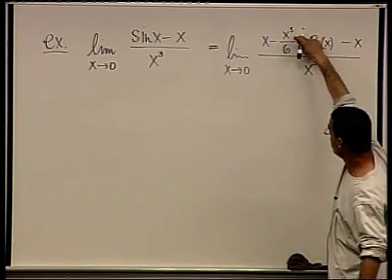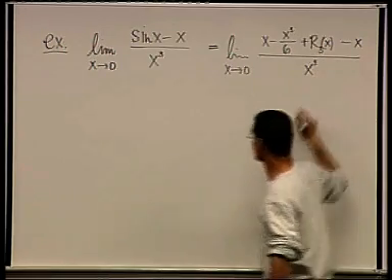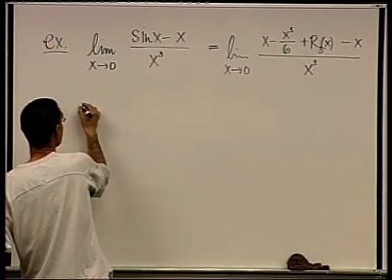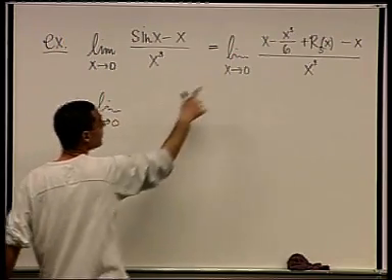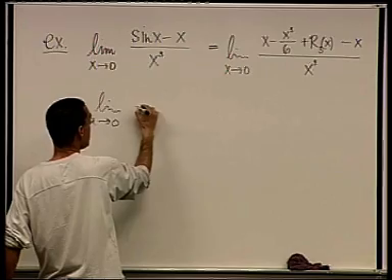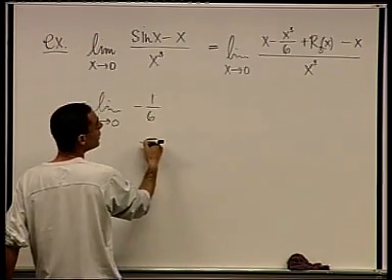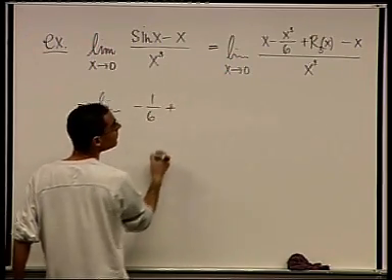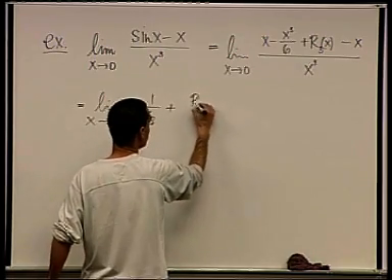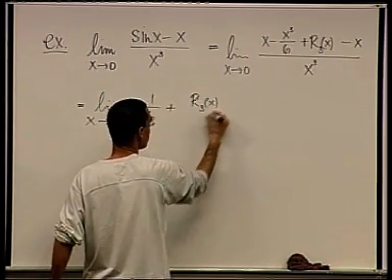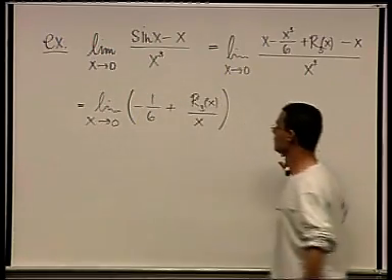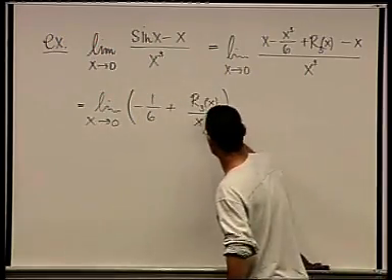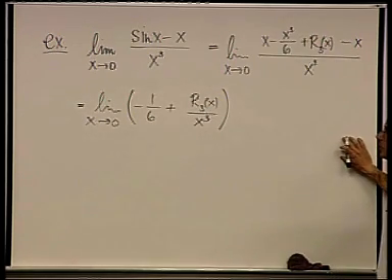And x to the power 3 over 6 over x to the power 3 gives me, let me write that, limit as x goes to 0, negative 1 over 6 plus R3 of x divided by, sorry, by x to the power 3. Do you agree that this is what I'm left with?